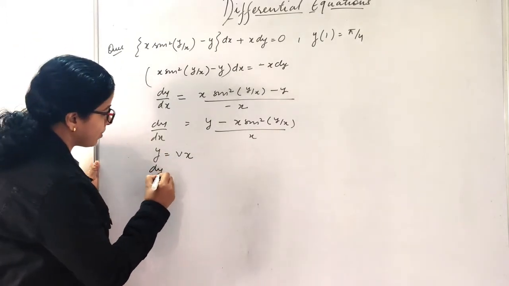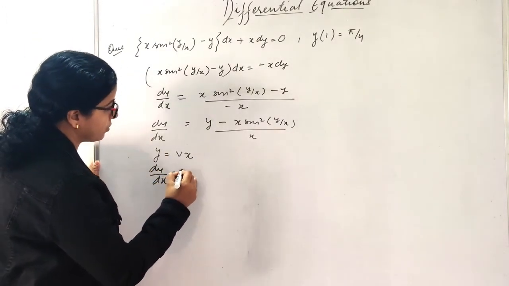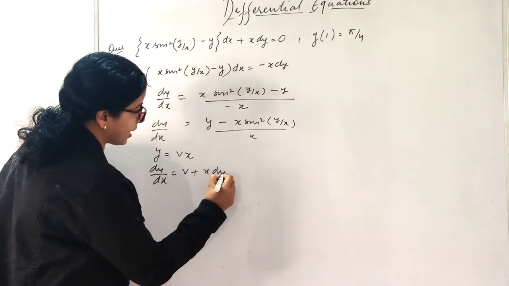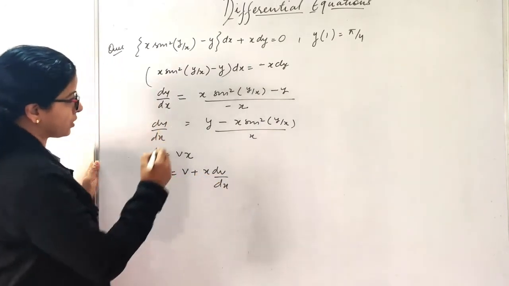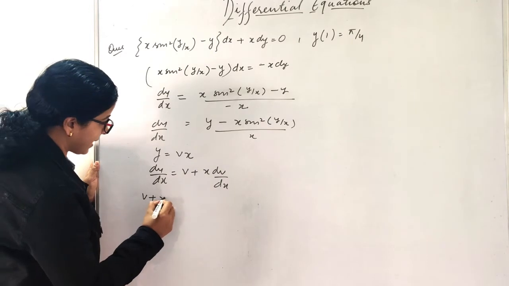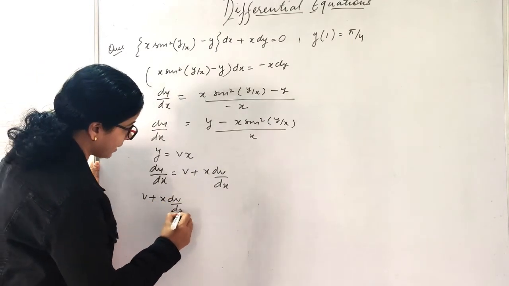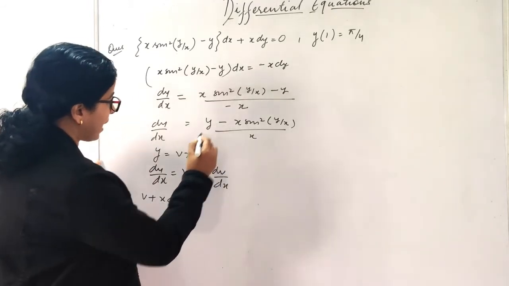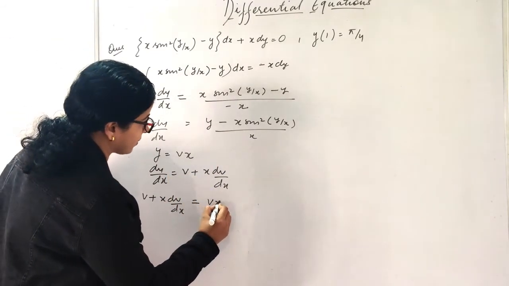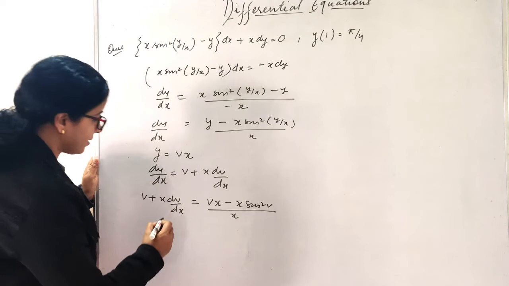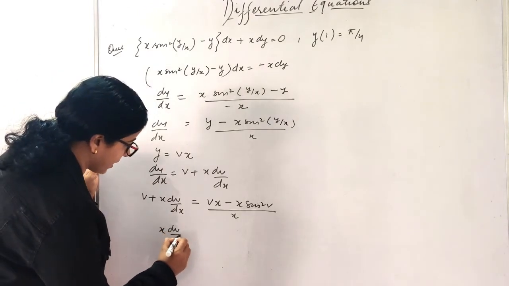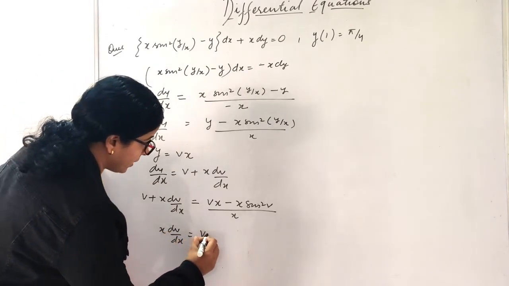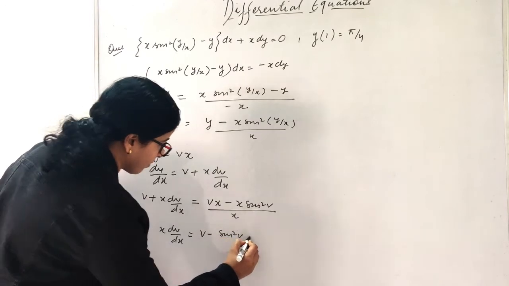So dy by dx equals to v plus x dv by dx. Let us substitute this part. So v plus x dv by dx. Now dy by dx I have replaced with this value and y will be replaced with vx. So now I can write this as x dv by dx equals to v minus sine square v minus v.